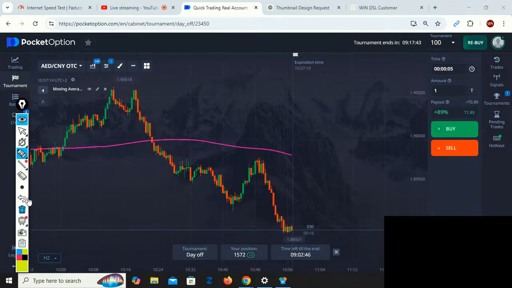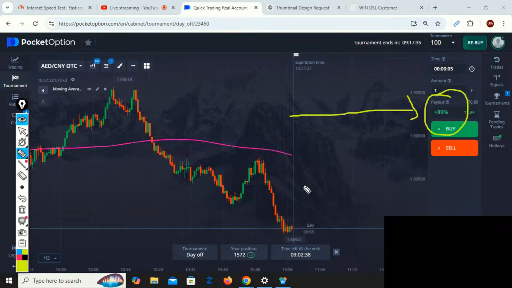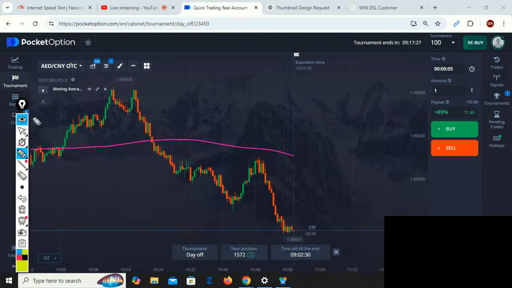Okay, for the strategy to work, since it involves martingale, you should find at least pairs with 90 plus payouts. Anything below, your martingale will not work anymore. It will result in losses. So let's add as many high payout pairs as possible.